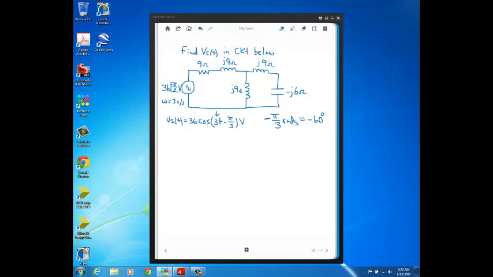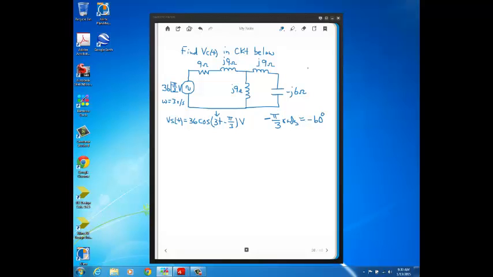But I'm going to do a different approach this time, just to show you various ways of solving problems, where I'm going to use voltage divider twice to find what the voltage across the capacitor is.